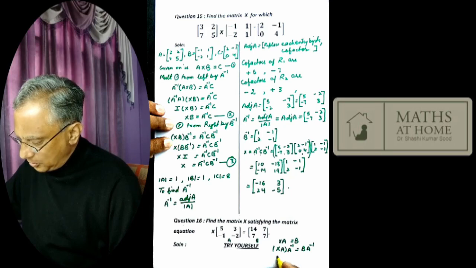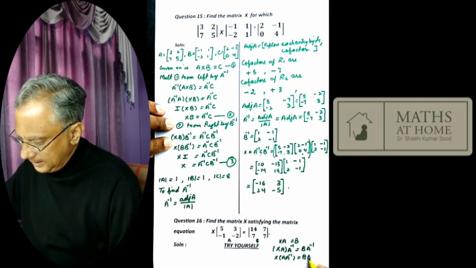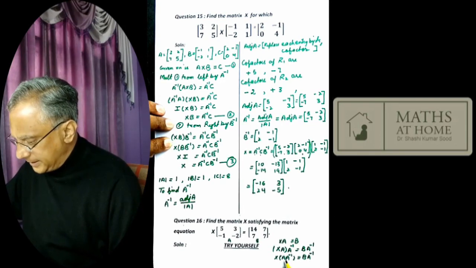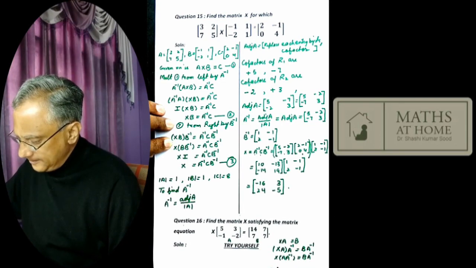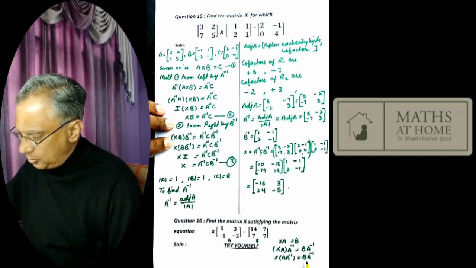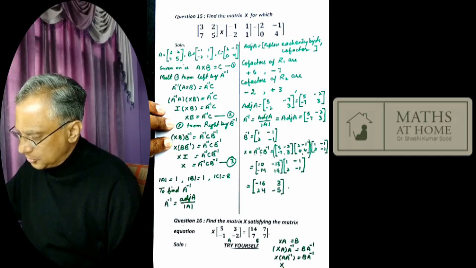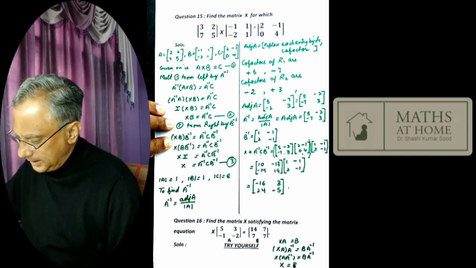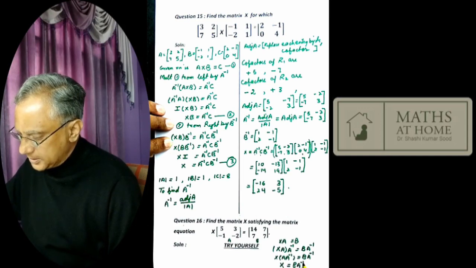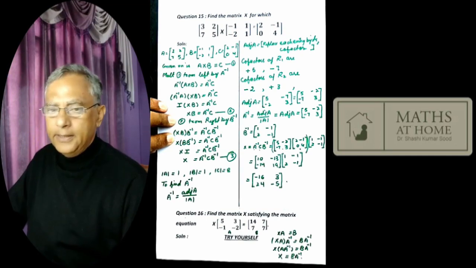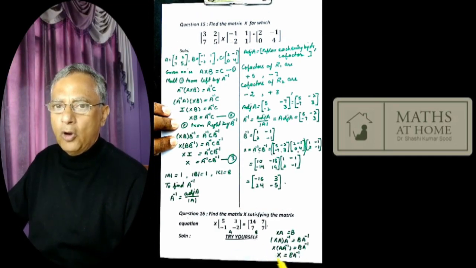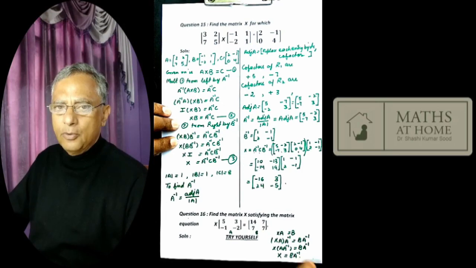Now this is equal to X into A inverse is equal to B A inverse, and this is identity. So X into I is equal to B A inverse, and X into I is X. So we get X equal to B A inverse. You can try it yourself. We will move on to the next question.